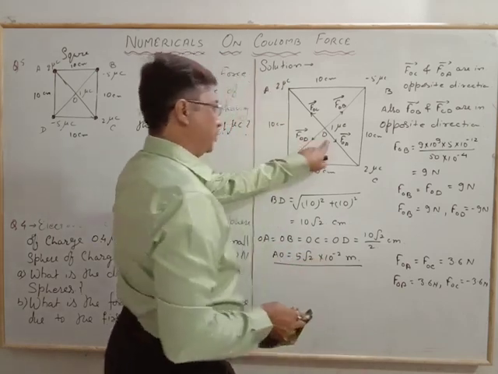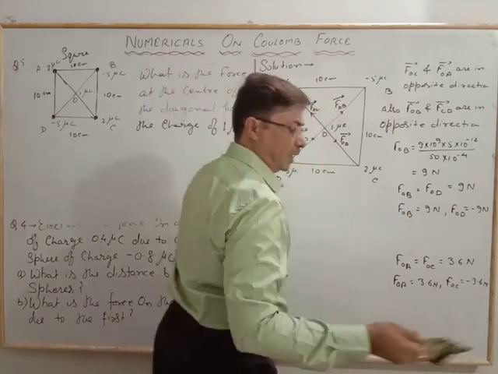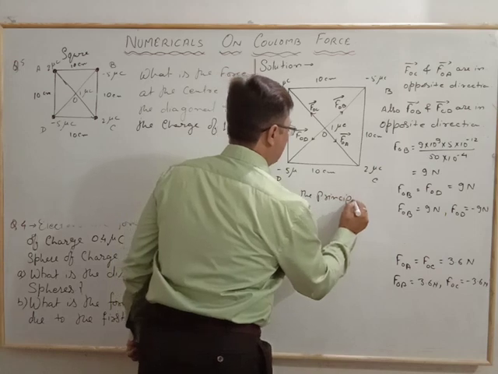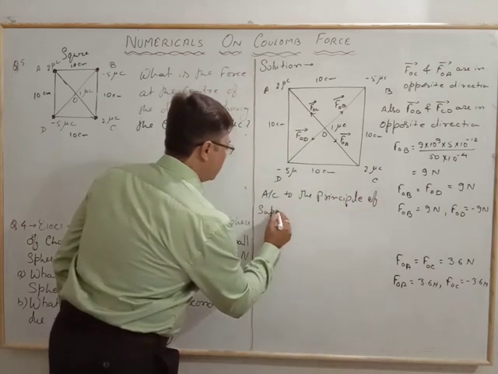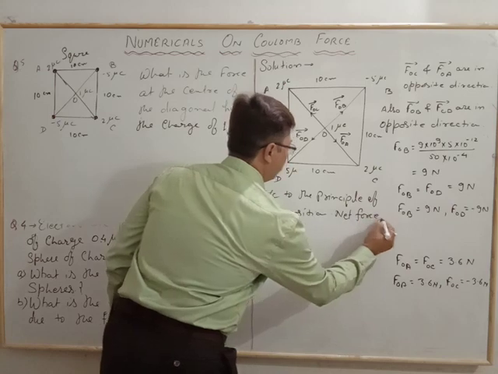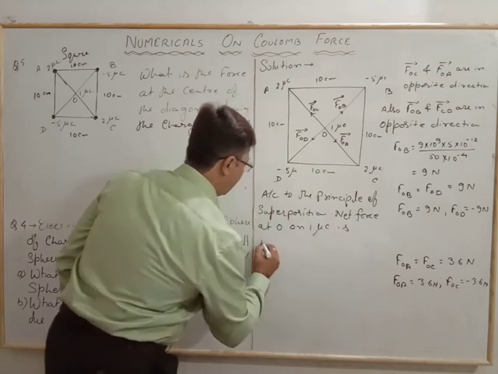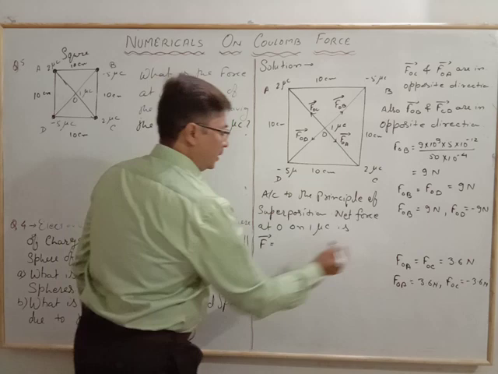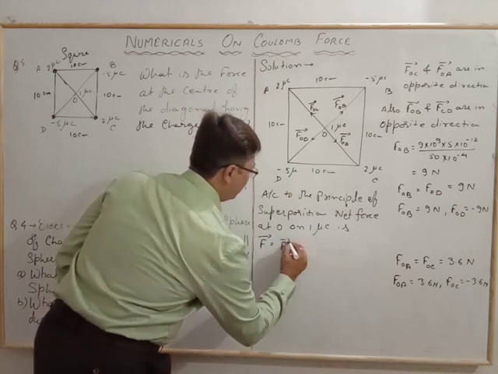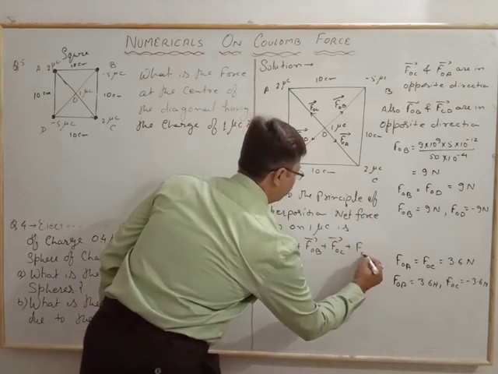And according to the principle of superposition, at the point where the charge is 1 microcoulomb, the net force at O on 1 microcoulomb, F as a vector with direction, is FOA plus FOB plus FOC plus FOD.